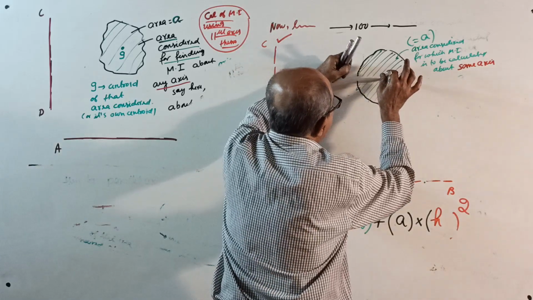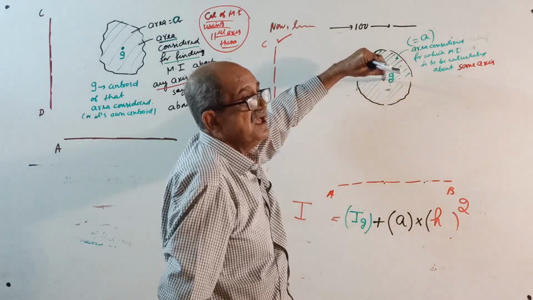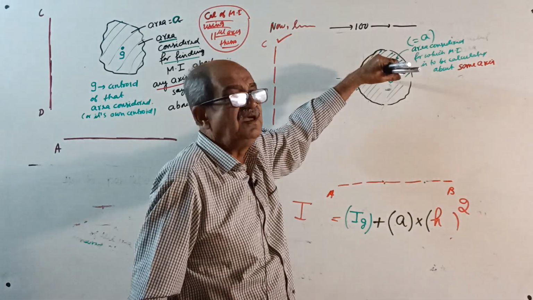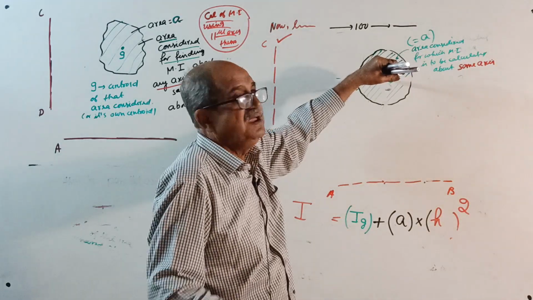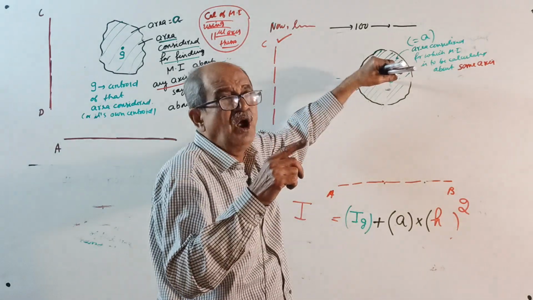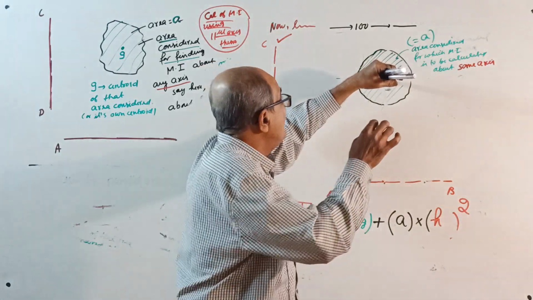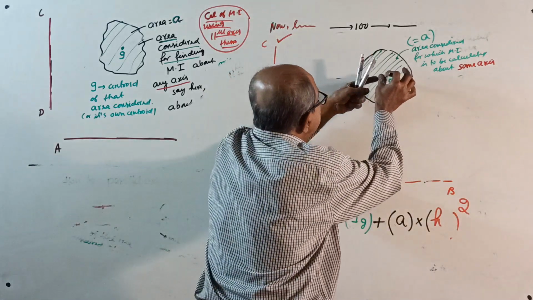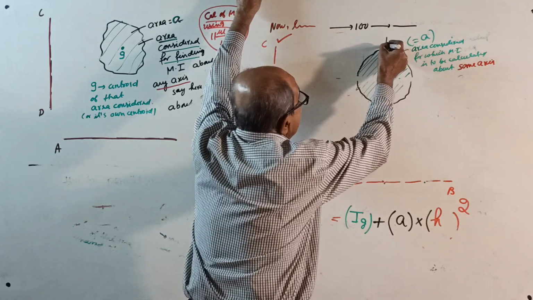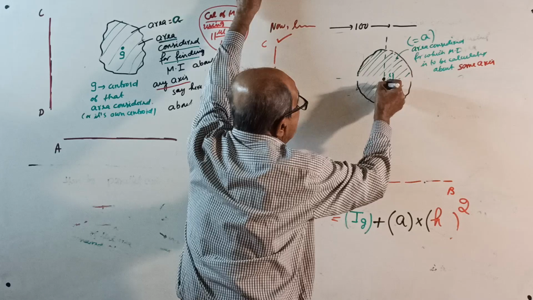Put the finger here, put the pencil pointed here. Take some rest, relax. Once you are ready, draw, not a very light line, an axis passing through the centroid and parallel to CD. Parallel to CD.